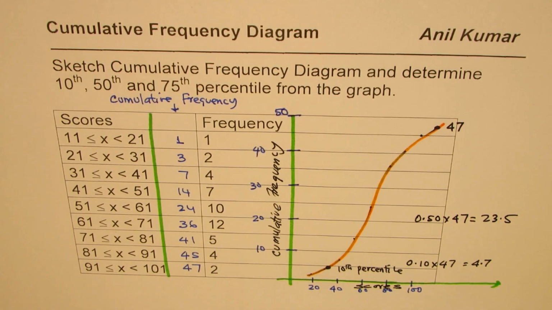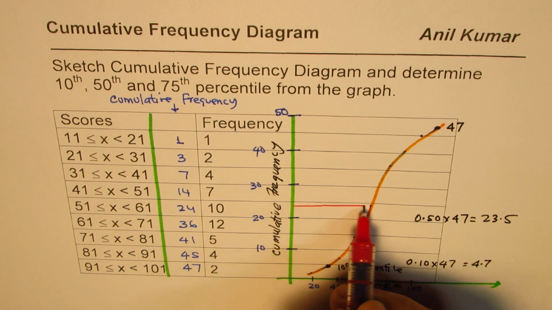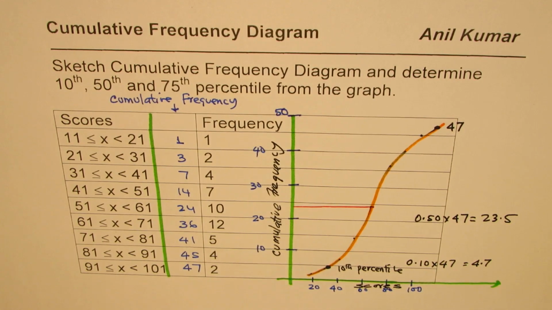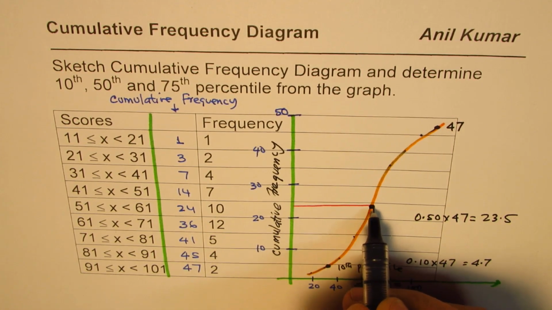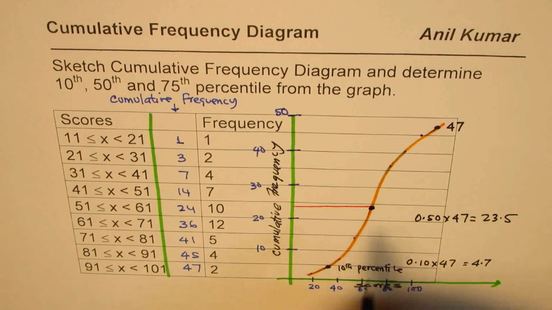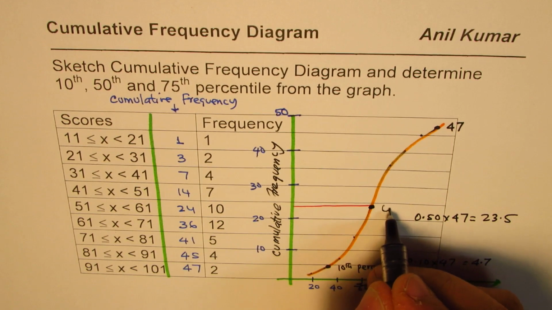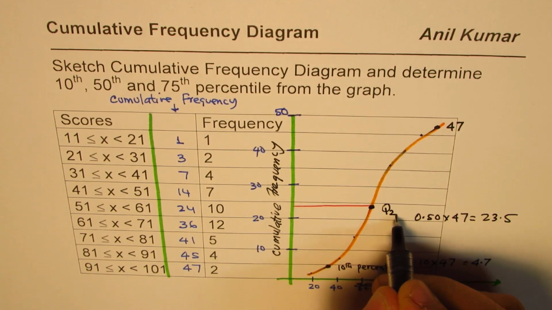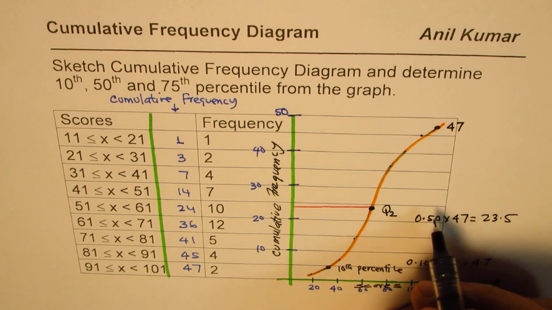So this is 25. 23.5 will be here. Is that okay? Well, this point corresponds to 24. So that is perfectly fine. So this becomes the median for us. 50th is the second quartile also. So it's median or 50th percentile or whatever.